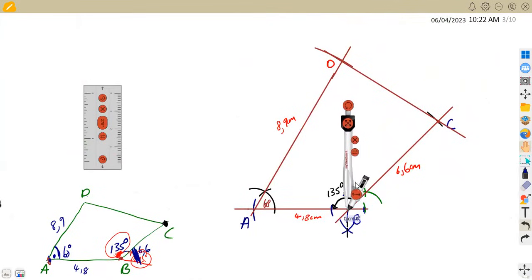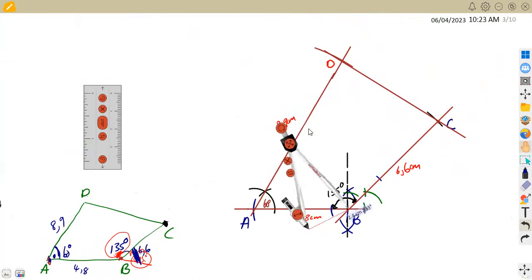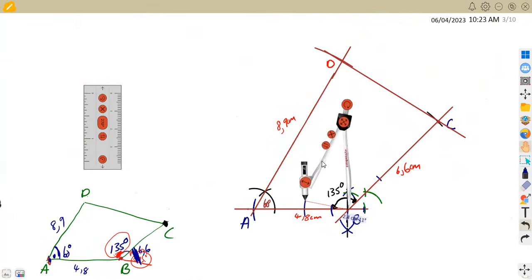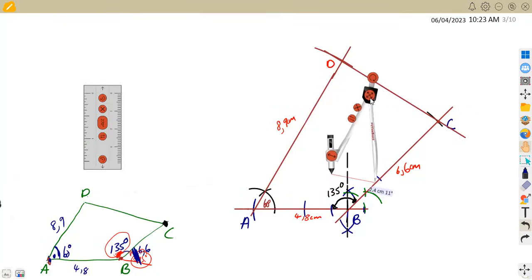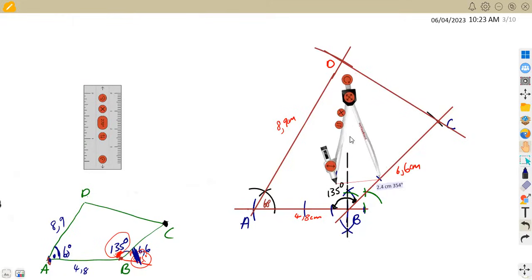Remember, to bisect the angle at B, we're going to be at the center of B. We just mark an arc along the line that is from B, and on the other side here, we mark our arc here. From these two arcs, without changing that distance, we mark an arc inside the shape where we expect our bisector to be.